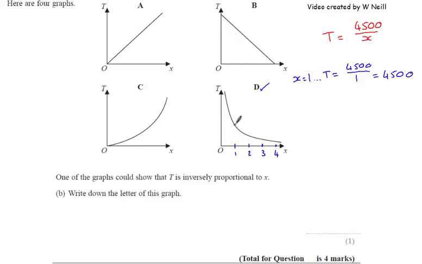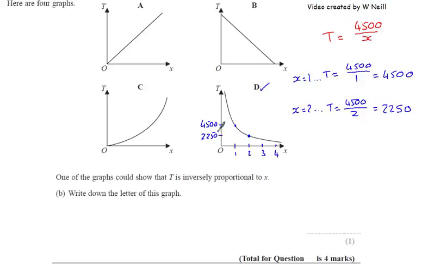So if you could imagine, it's clearly not to scale, but there is 4,500. Then when x was 2, T would be 4,500 divided by 2, which is 2,250. I'm quite happy with that.